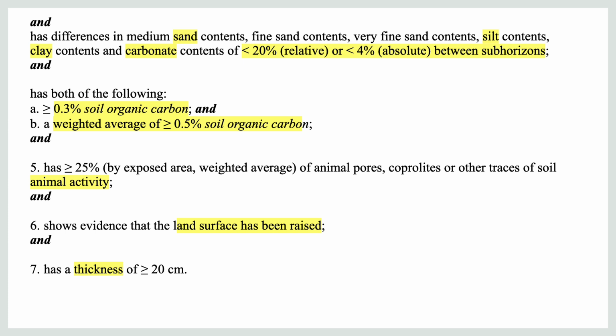And if you have more than one subhorizon, so I can identify one, two, or three subhorizons that compose the geographic horizon, the average soil organic carbon content should be equal or higher than 0.5.